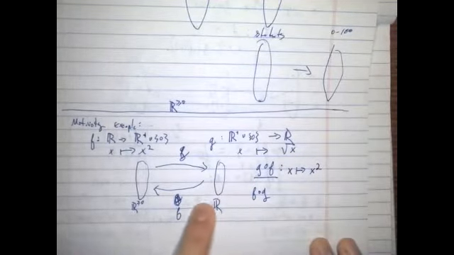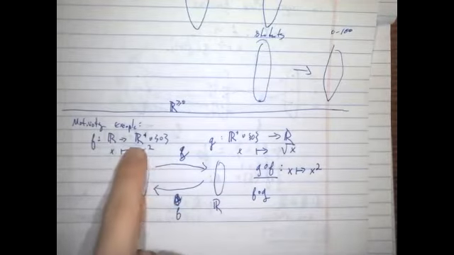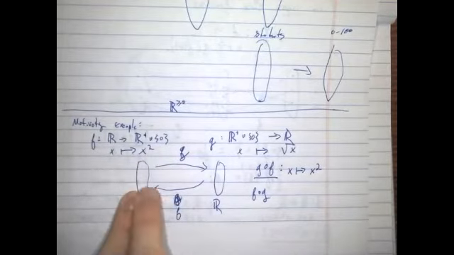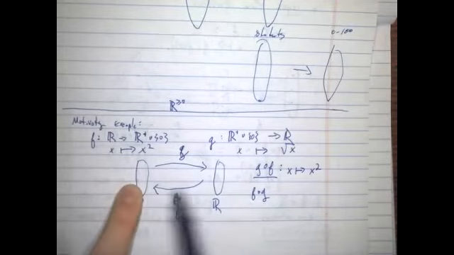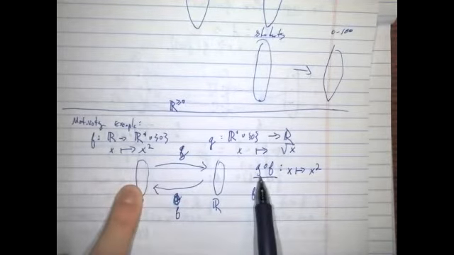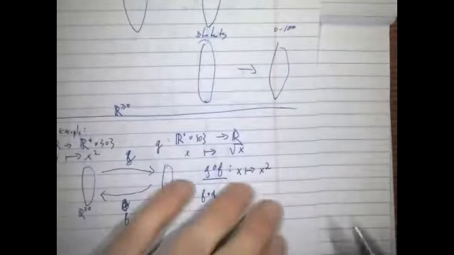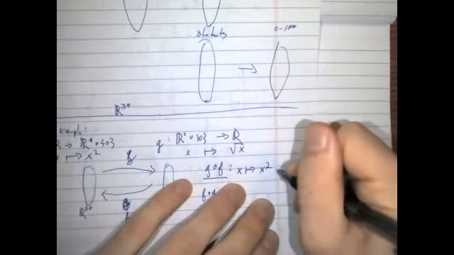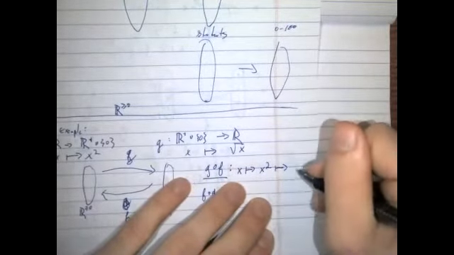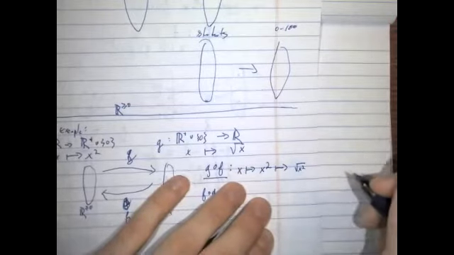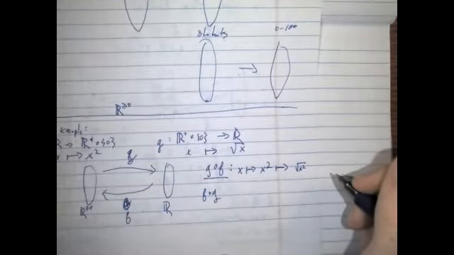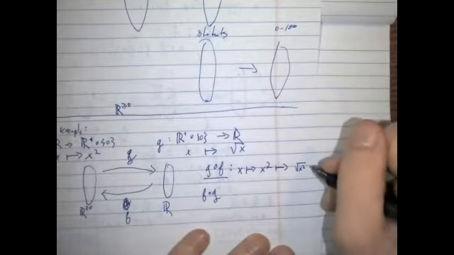I've traveled via F from R to R greater than or equal to 0 by squaring my number. Now the next step is to act by G. What does G do to a number? It takes the square root, so it sends X squared to the square root of X squared, which is equal to what? X. Yeah, just X.